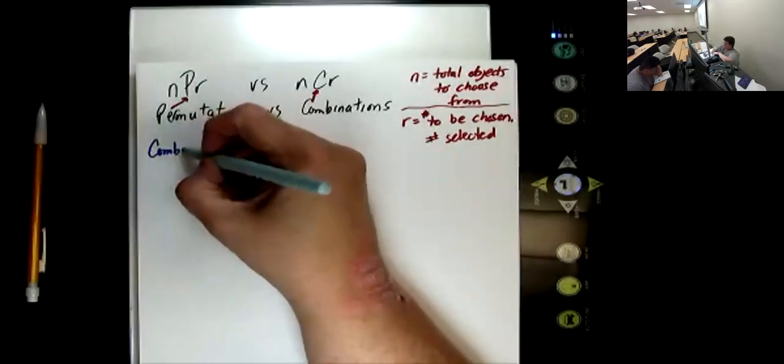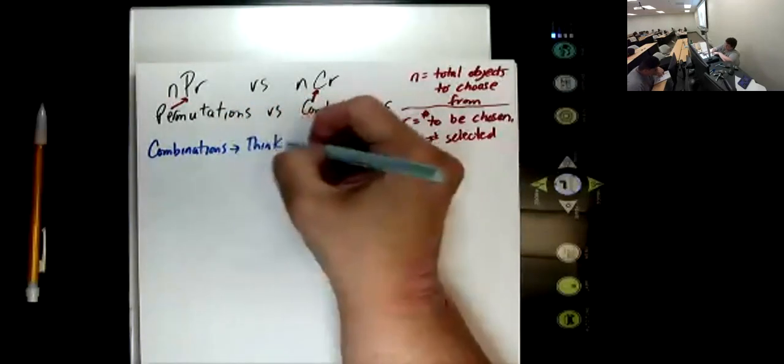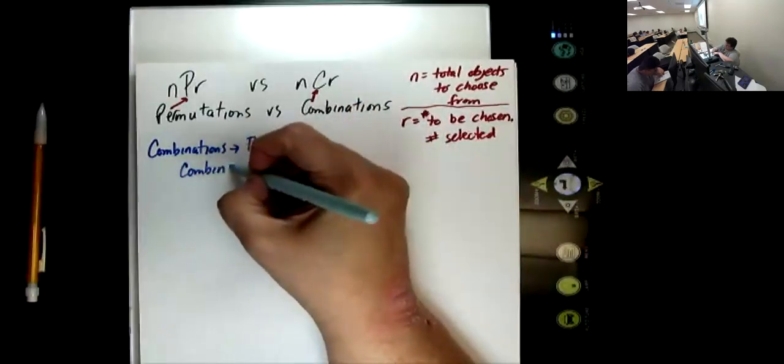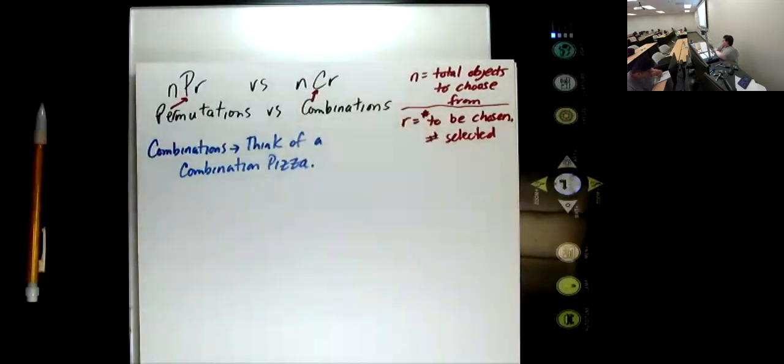Combinations, I think the easiest way to think of this is a combination pizza. It doesn't matter what order we put the toppings on if we're going to throw it in the oven and cook it. Other than you generally want the sauce layered first, but that's not really a topping.